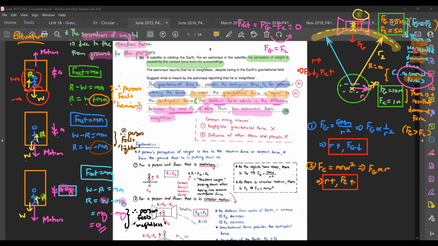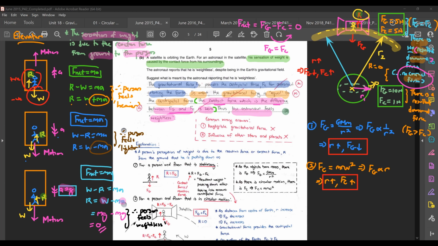That's why here the answer in the marking scheme wrote it as this. Your contact force, which is the difference between Fg and Fc, is 0, so your astronaut feels weightless. You are trying to basically explain why contact force is 0 here. If you're able to explain that, that will explain why your astronaut actually feels weightless.